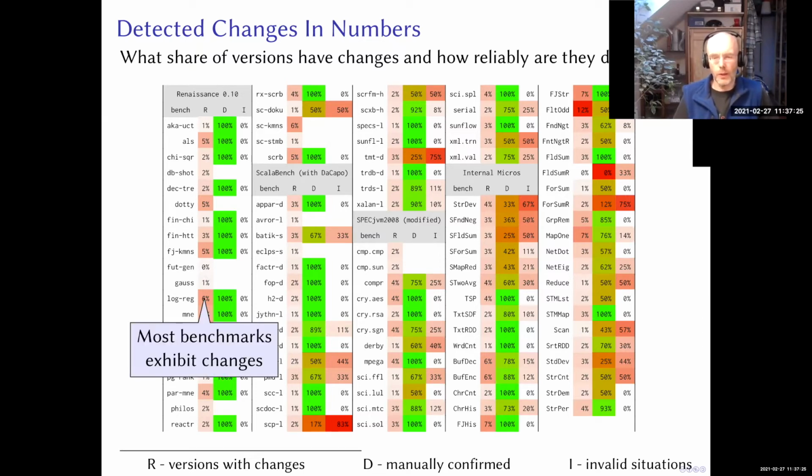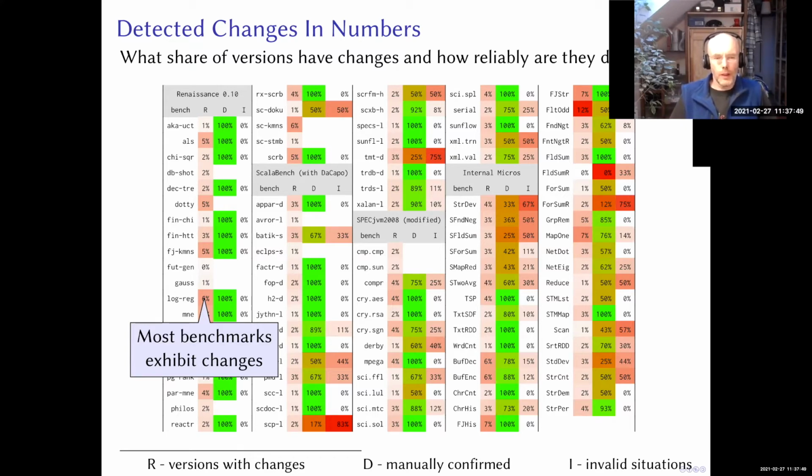So that means the benchmarks are sensitive to the Graal development at a rate of 1 to 5-ish%. So if I take into account the speed with which we consume versions, this means that if you have 10 to 20 commits per day, you would see a single change per 1 or 2 weeks.